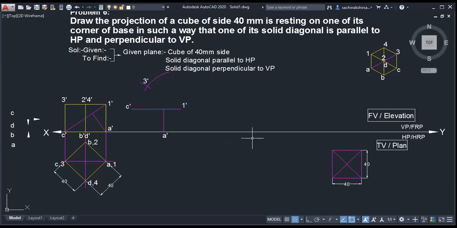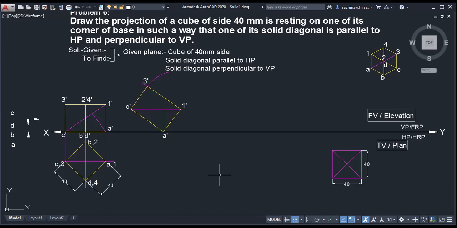So A dash to C dash, C dash to 3 dash, then 1 dash and A dash. Now which point is remaining? B dash, D dash, okay, B dash, D dash and 2 dash, 4 dash.